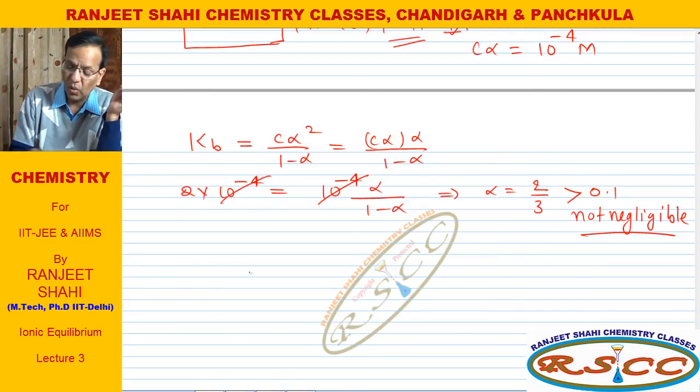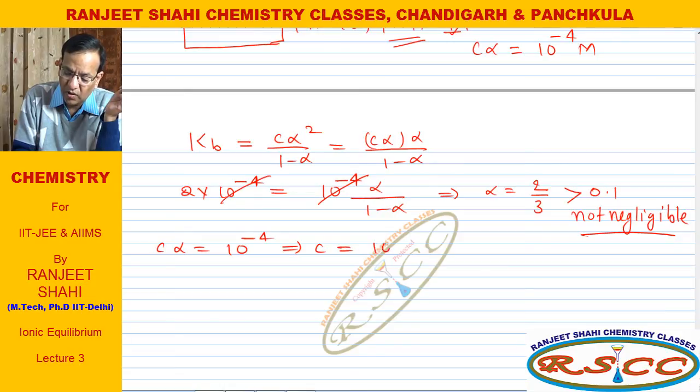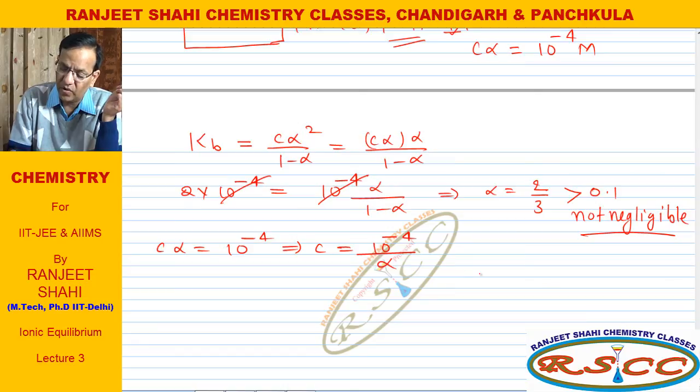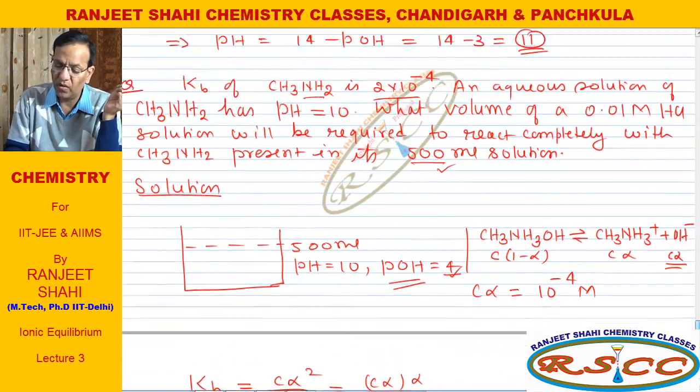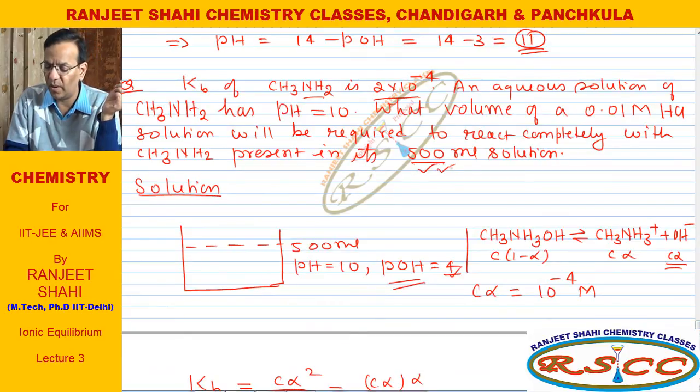So once alpha is known, C alpha, which is 10 raised to the power minus 4, implies C is equal to 10 raised to the power minus 4 divided by alpha, which is 2 by 3. So it is 3 by 2 into 10 raised to the power minus 4 molar. So now the concentration of base is known. Volume of base is given in the question, that is 500 ml.